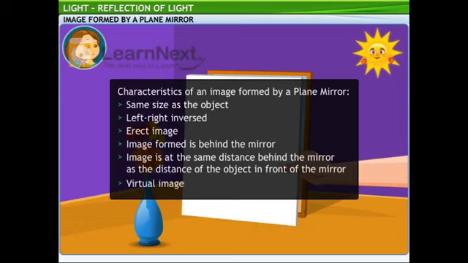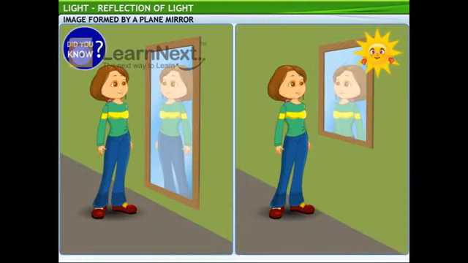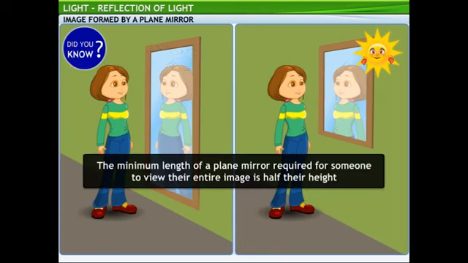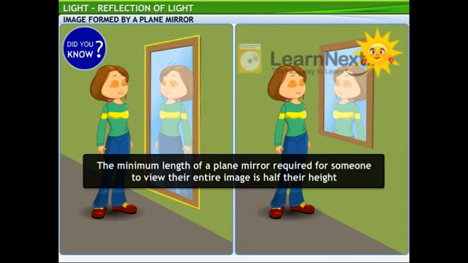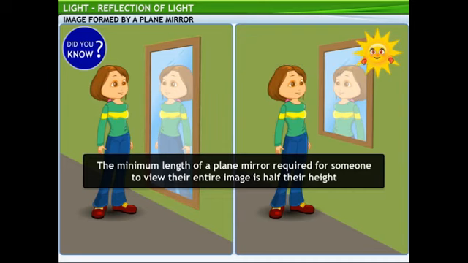And virtual. Did you know? Based on the characteristics of an image formed by a plane mirror, it has been found out that the minimum length of a plane mirror required for someone to view their entire image is half their height. You'll learn why that happens in higher classes.